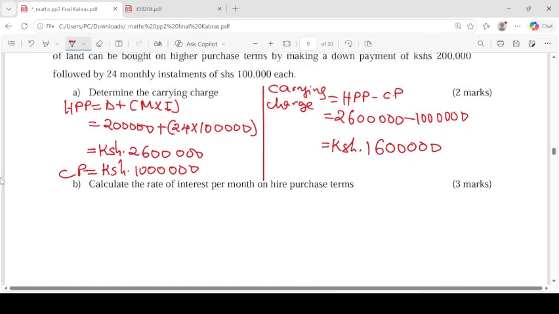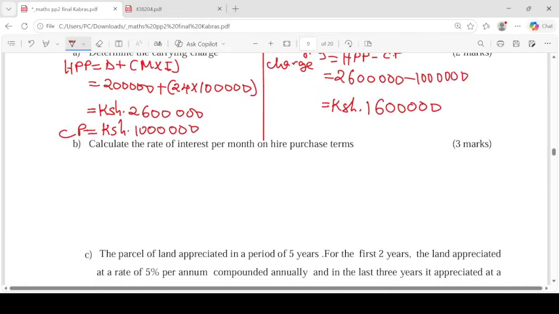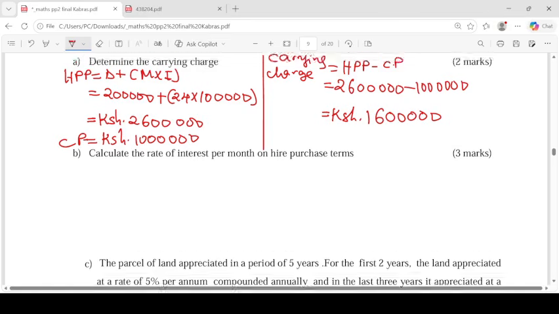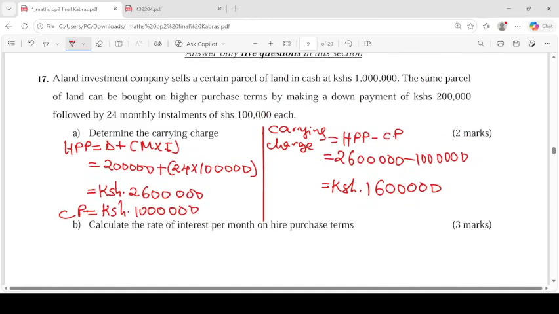Part B, calculate the rate of interest per month on hire purchase terms. When you are told to calculate the rate of interest per month, I want to look at it this way. The cash price was 1,000,000, but this person paid a down payment of 200,000.